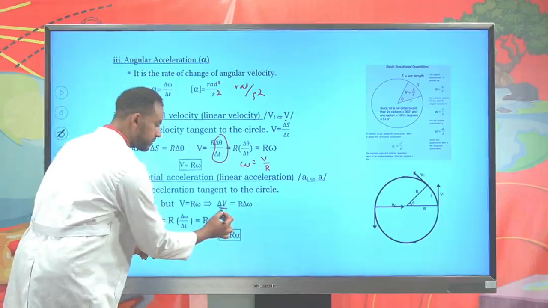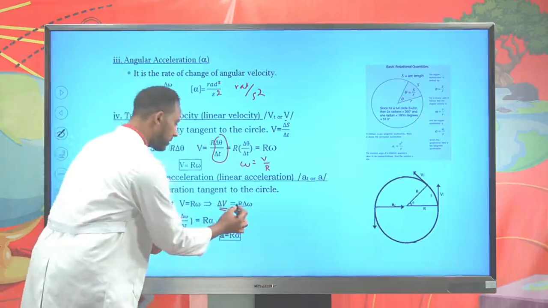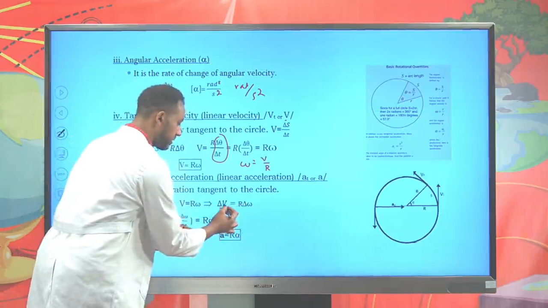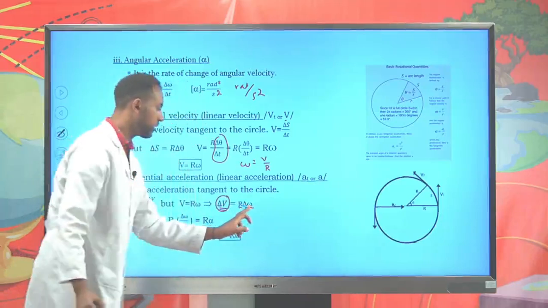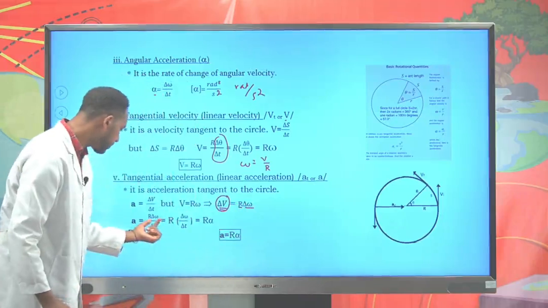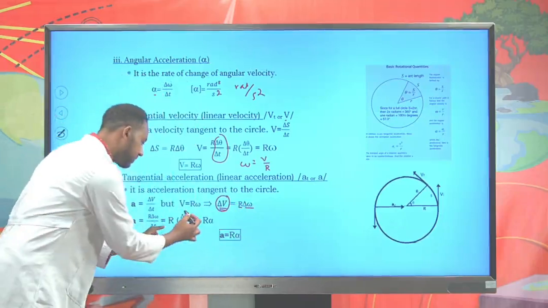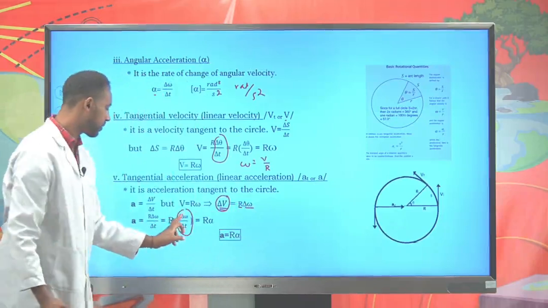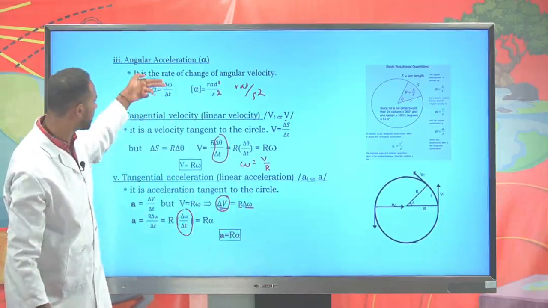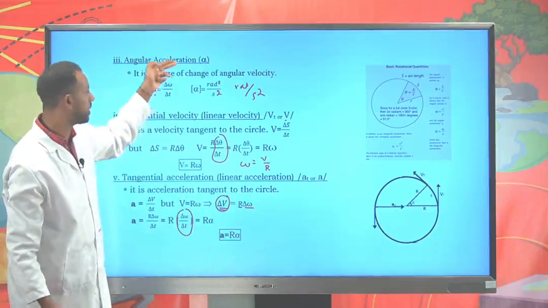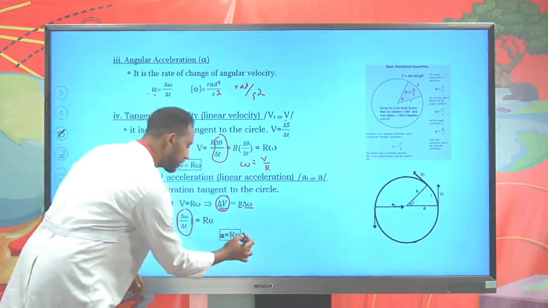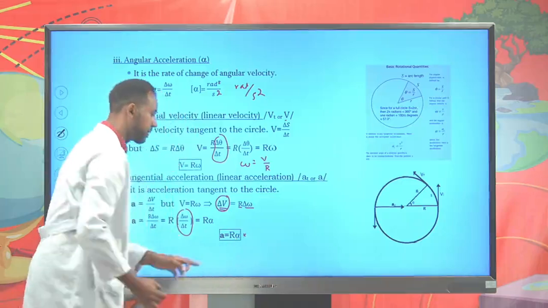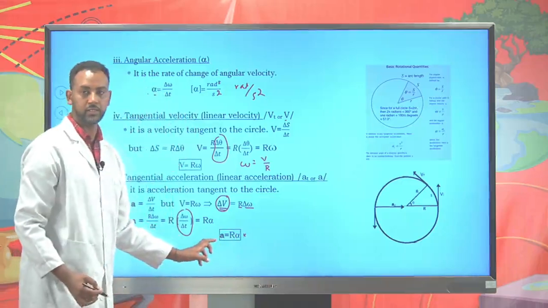Whenever there is a change in the angular velocity, the change in the tangential velocity is equal to radius times the change in the angular velocity. You can put it here so that you can find the rate of change of angular velocity, and the rate of change of angular velocity is called angular acceleration. So we can find an expression here: radius times angular acceleration is tangential acceleration.